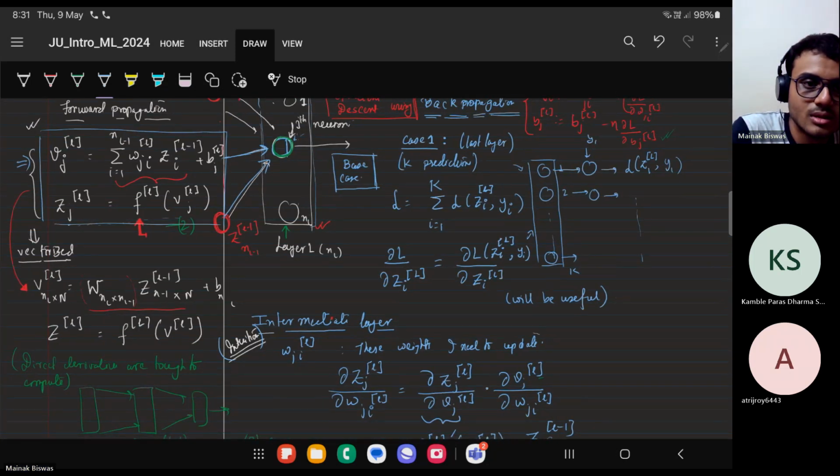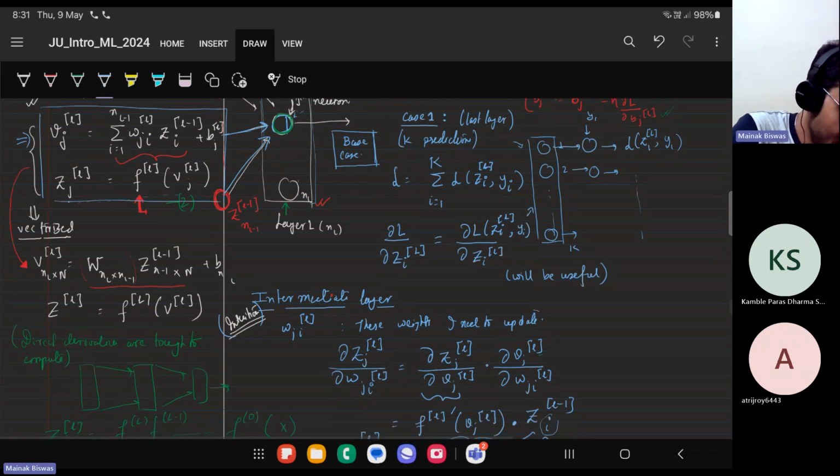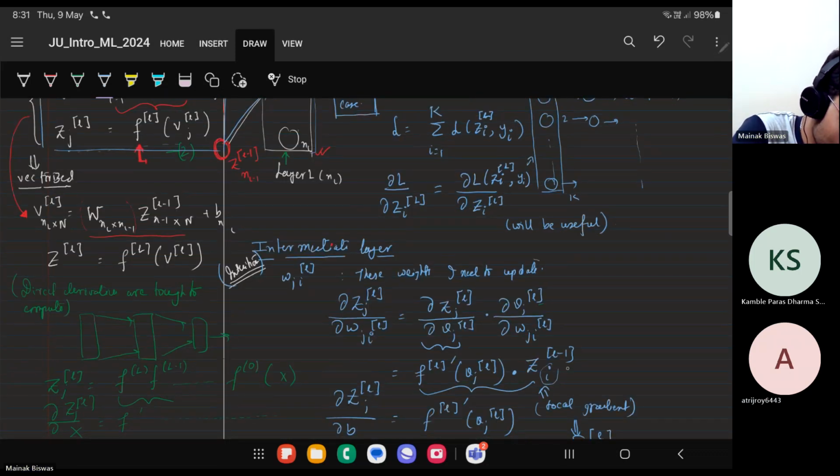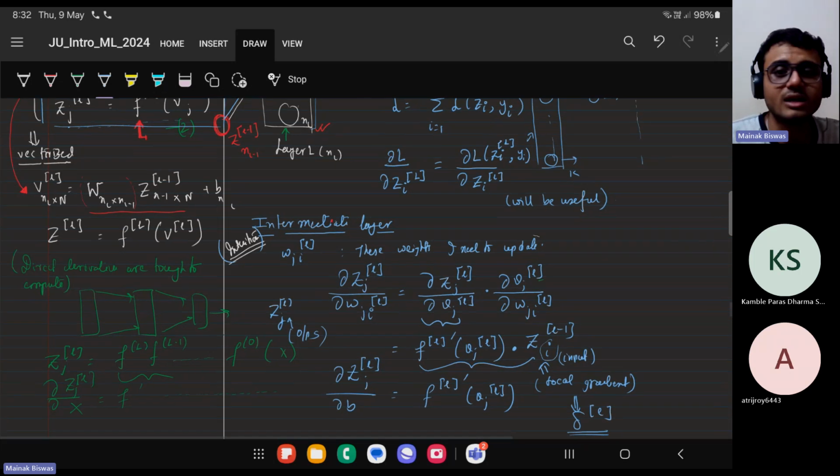Do you agree? Yes. And so these are the inputs, and the outputs are z_j^L, yes or no? And they are linked by some W. But now you tell me, what is the desire of me?